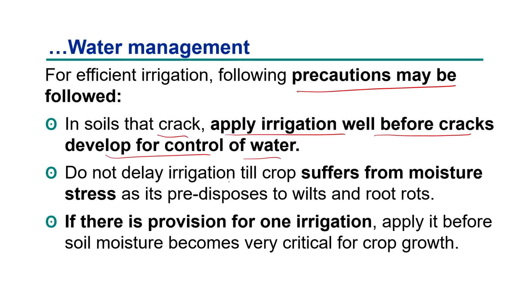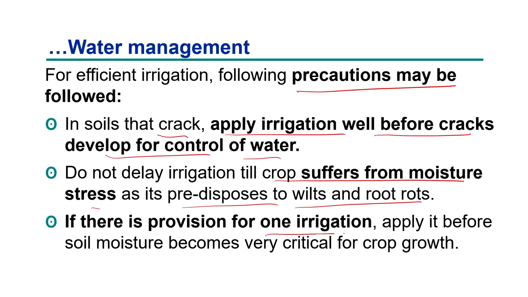So do not delay irrigation till crop suffers from moisture stress, as it disposes to weeds and root rots. So irrigation should be given at right time. If there is provision for one irrigation, apply it before soil moisture becomes very critical for the crop growth.